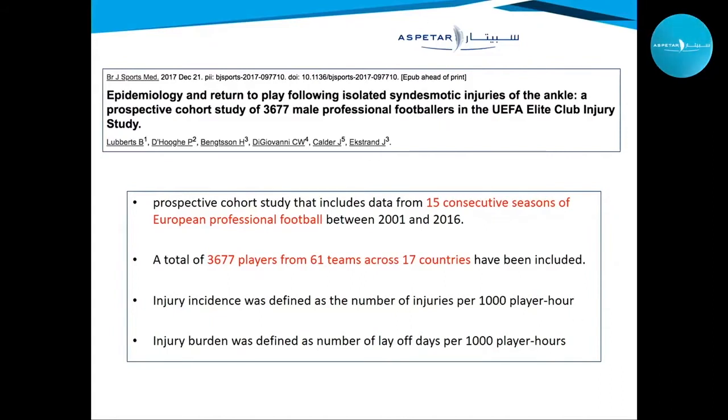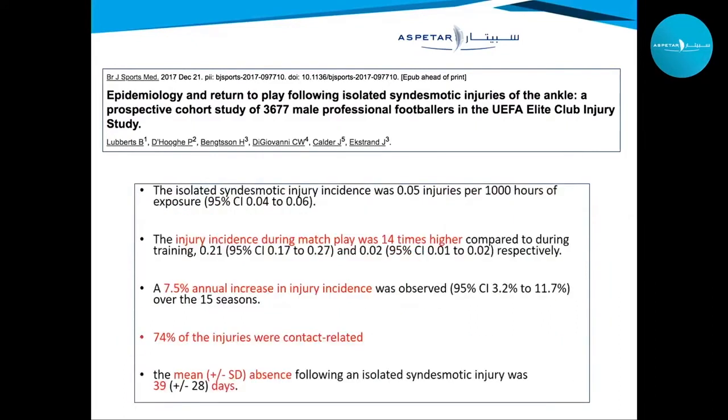And we documented the injury incidence and the injury burden. And what did we see? We saw that the injury incidence during match play is 14 times higher compared to the training ground. There's a 7.5% annual increase in injury incidence. Just for your knowledge, in a few recent publications in the past, it was mentioned that it was less than 0.4%.